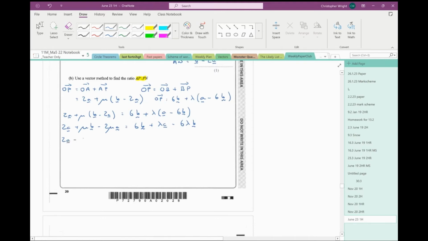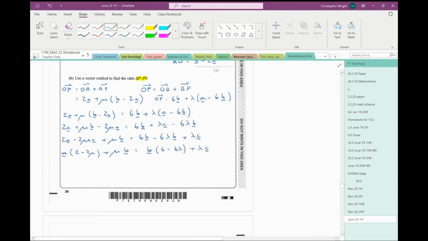So I'm going to pull those two terms which involve A next to each other, and I'm going to pull these two terms which involve B next to each other. Right, now I'm going to work out what the coefficient of A is here by factorising. So I've got A lots of (2 minus 2 mu) plus mu B equals, factorise here, take the B's out, see how many B's there are altogether, that many B's altogether, plus lambda A.